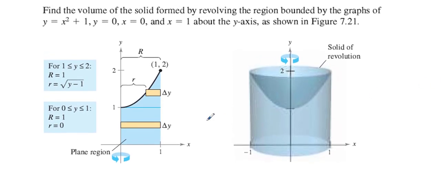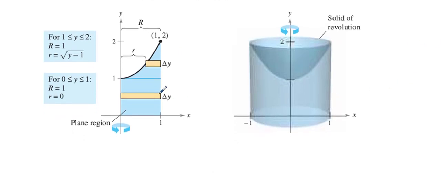Okay, they did something nice for us. They already solved these in terms of x. They called it r. I just call them x right now. Okay. So if we have the situation, we need to break this up because we have different upper and lower curves. Okay.